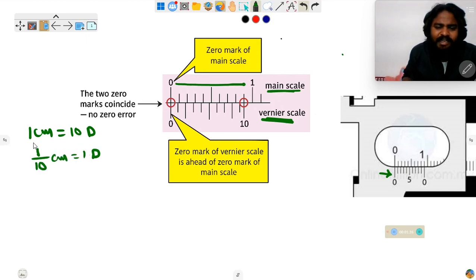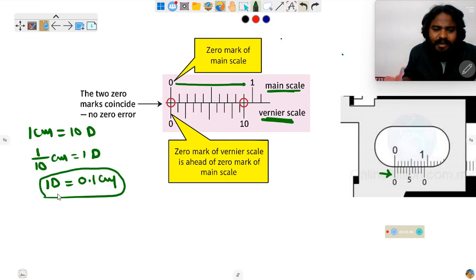We have taken this 10 this side. Then what happens? From this, 1 division is equal to 0.1 centimeter. So what is this 1 division? This is nothing but this gap, right? This gap is 0.1 centimeter. So I can tell that one division on the main scale is 0.1 centimeter.